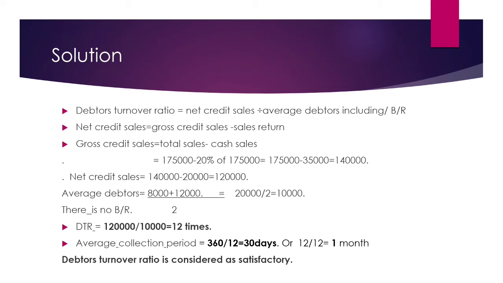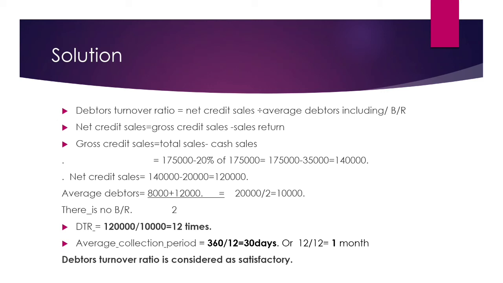Cash sales is 20% of 1,75,000, that is rupees 35,000. So the amount is 1,75,000 minus 35,000, that is equal to 1,40,000. Then net credit sales is equal to gross credit sales minus sales return. Here gross credit sales 1,40,000 minus return 20,000, that is 1,20,000.